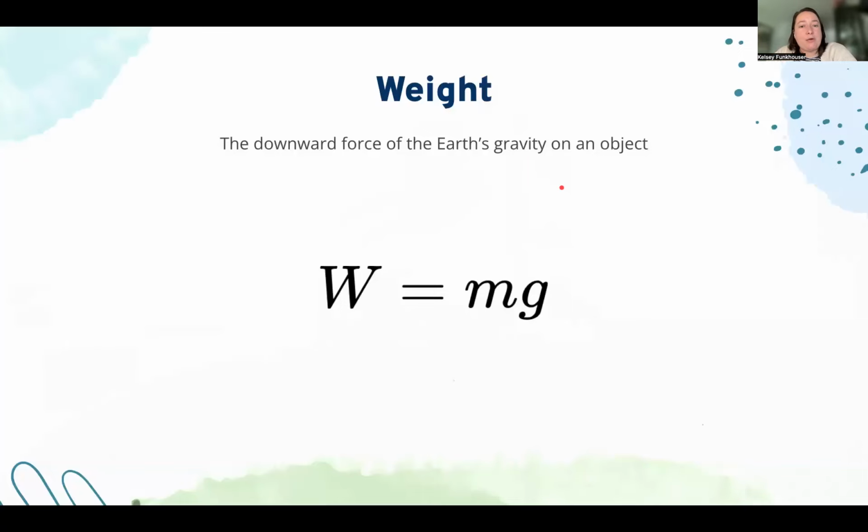Weight is just the downward force of Earth's gravity on an object. It's given as W equals mass times the acceleration due to gravity, and it points down, or toward the center of the Earth. Usually that's going to be down for us, but in some situations it might be different.